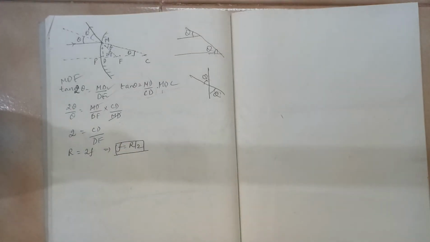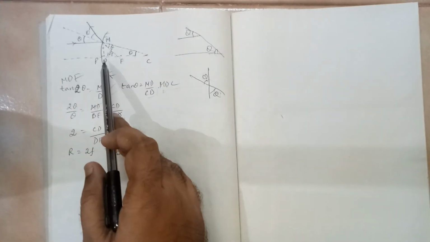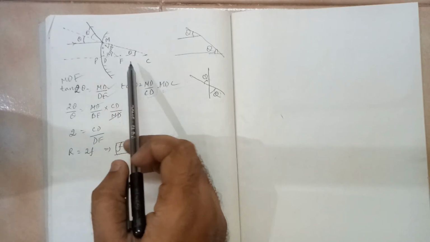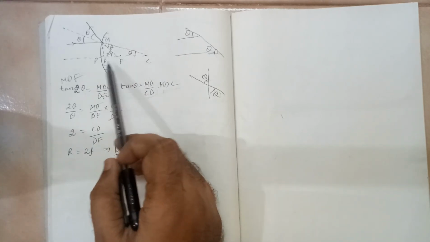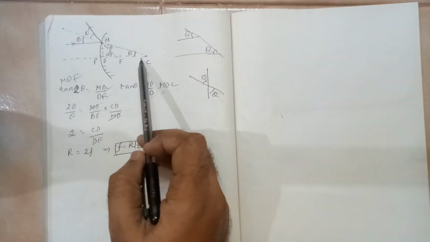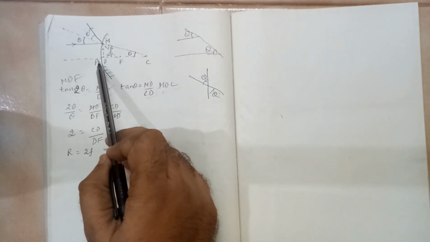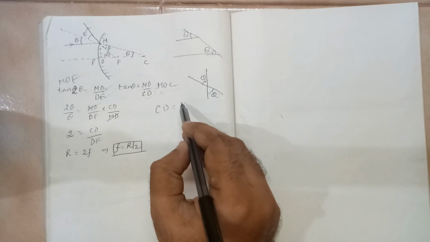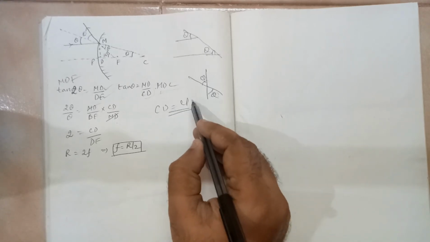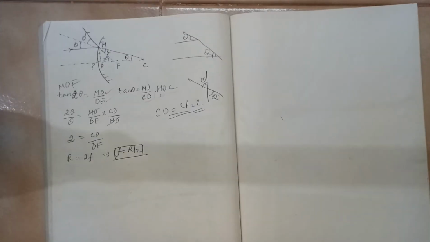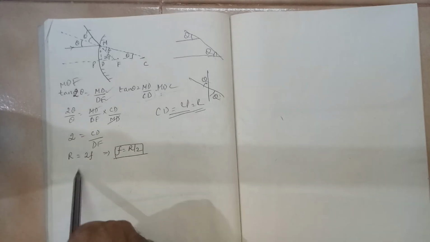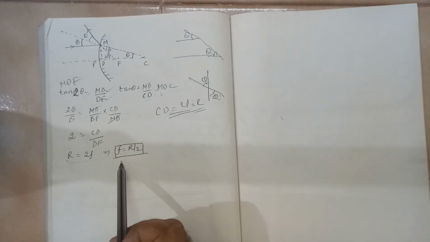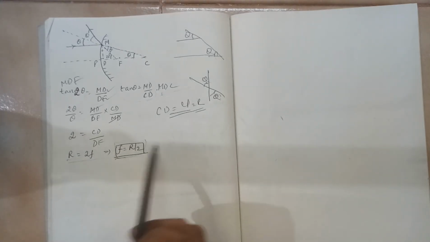PF means focal length. The focal length is measured from the pole, and CD will be almost equal to CP, which is basically PC. And what is CP? That is the radius of curvature. So here also you are getting R is equal to 2F or F is equal to R by 2.